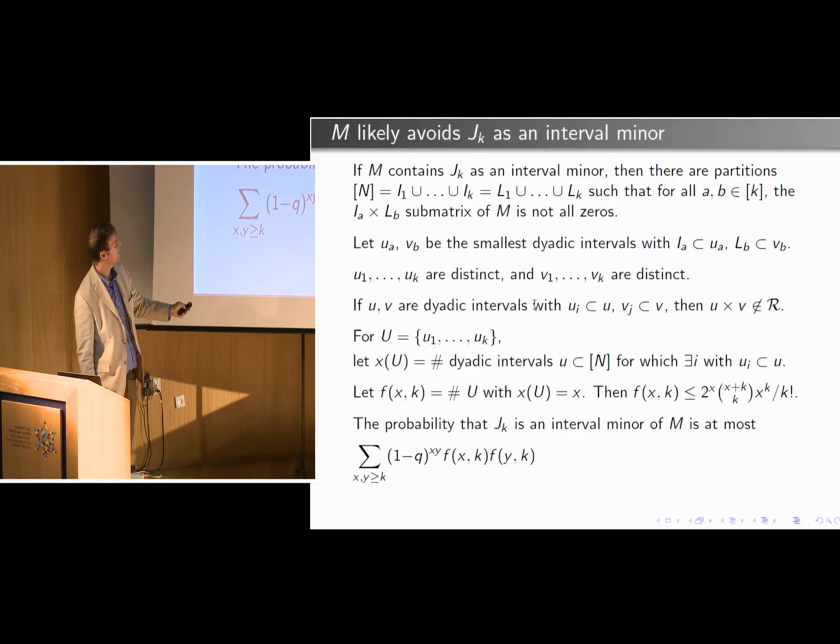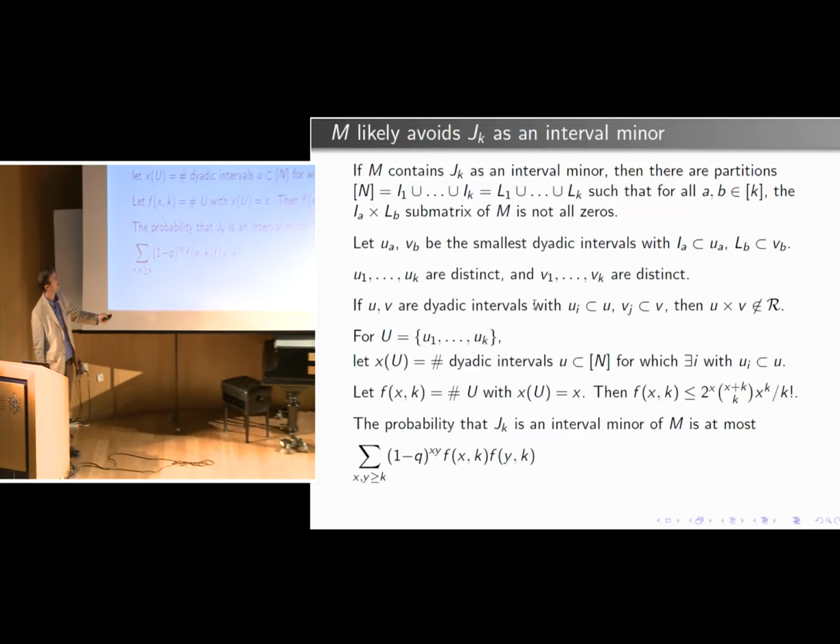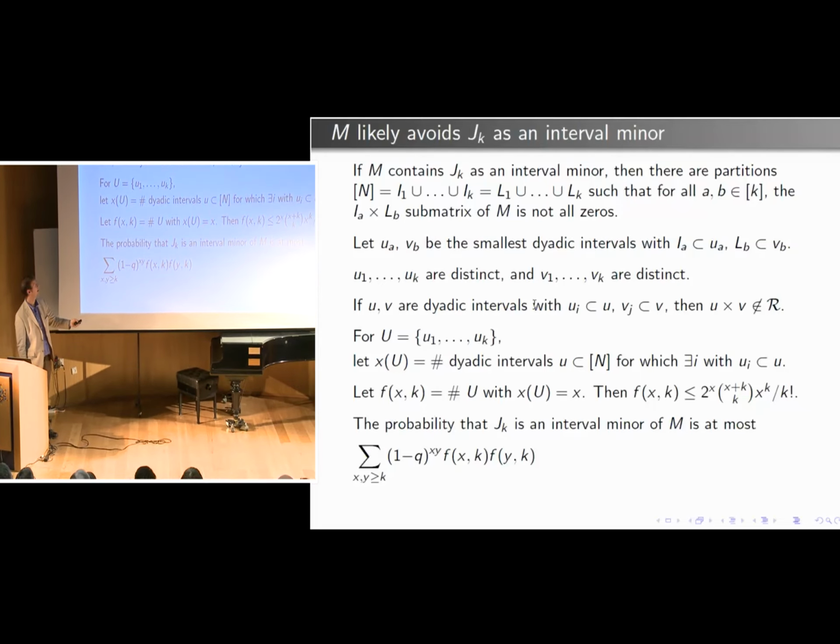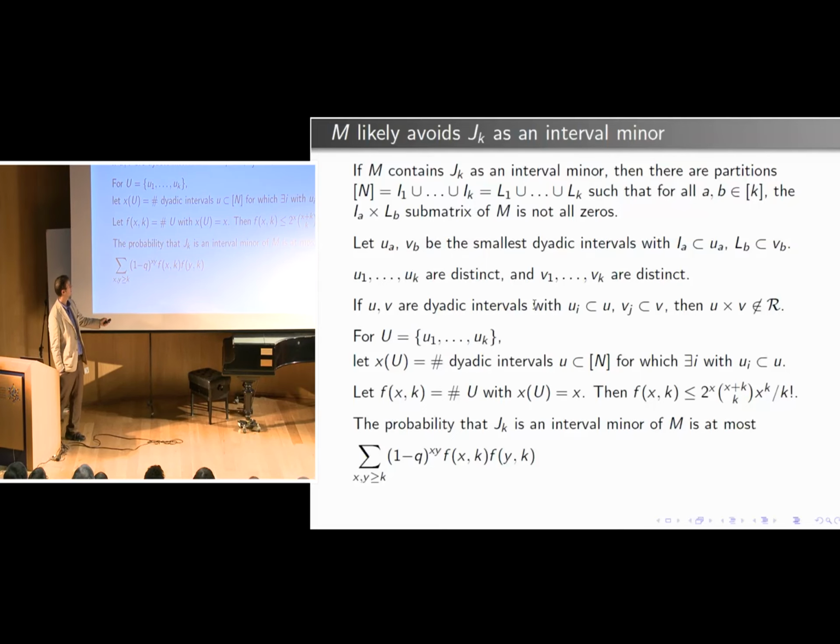This is the number of rectangles that needs to be missing because of this fact here. So we're going to get a probability 1 minus q to the xy at most that all of those rectangles are missing, those particular ones. And then we get the number of choices here. So we get fxk times fyk possible choices for what these sets u and v could be. So we want to bound this sum.